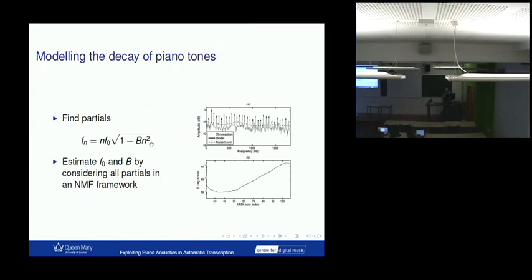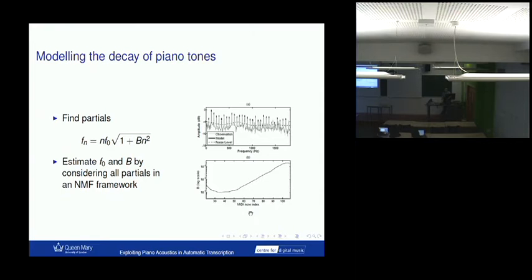It will be stretched by this inharmonicity factor B. When you estimate piano sounds, the pitch and the inharmonicity factor are estimated jointly by considering all the partials. This was an existing method from Rigaud's PhD work, so we don't give the details about that. After the method, we get all the partial frequencies like this.